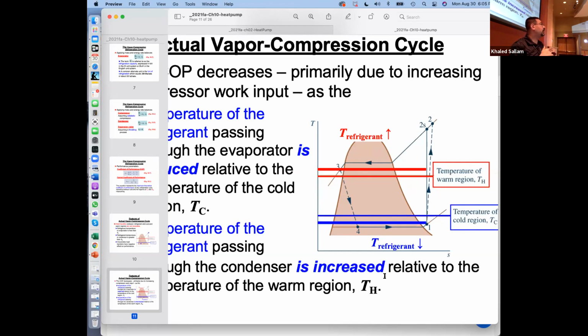So for the COP of any heat pump, when you go to Lowe's or Home Depot and you find a heat pump water heater, of course this would be better than an electric water heater, right? Because its COP is guaranteed to be more than 1. But for an electric water heater, the maximum COP is 1.